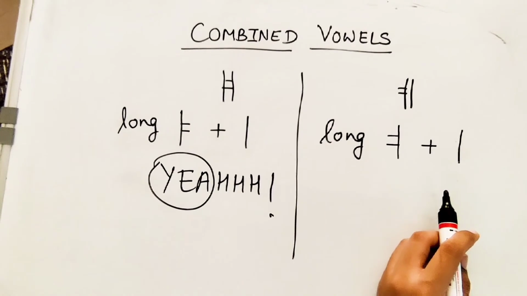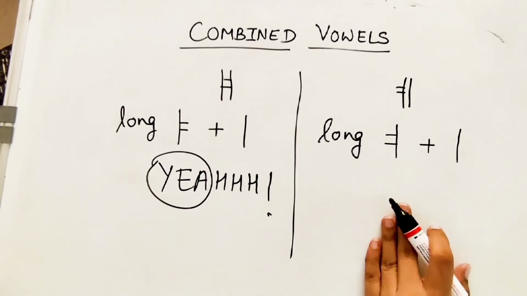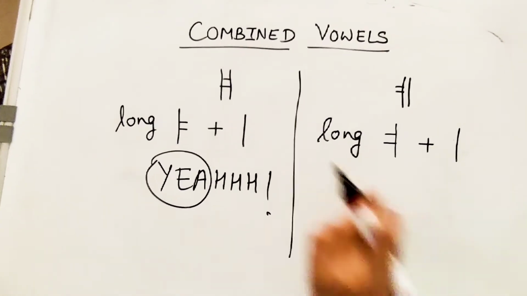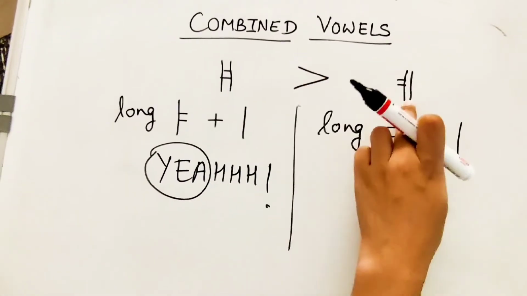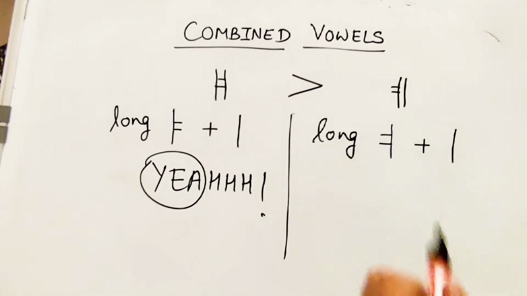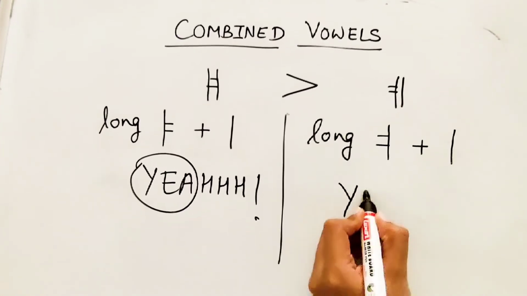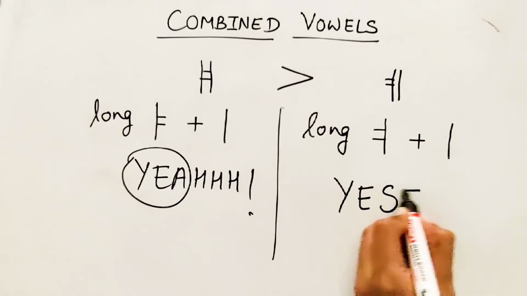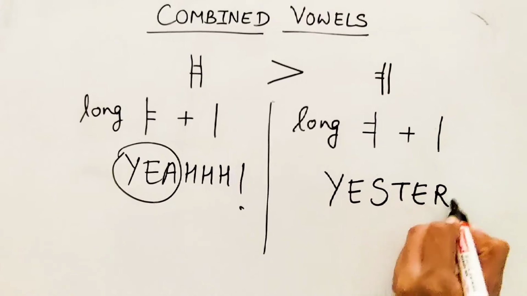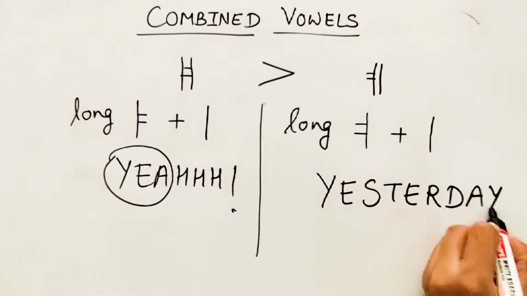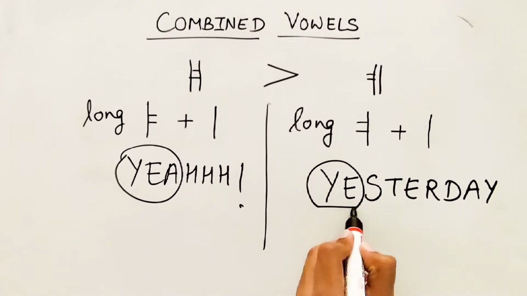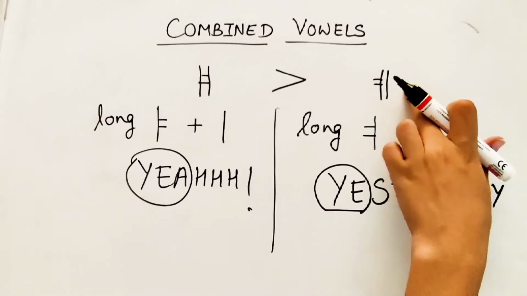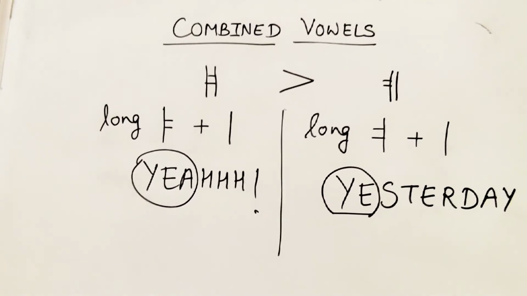Let's see which word in English you can use to remember this ye. Take a guess. Okay, let me say it. The word you can use to remember this sound is "yesterday". When you say "yesterday", the ye that you are saying is actually the pronunciation of this vowel.